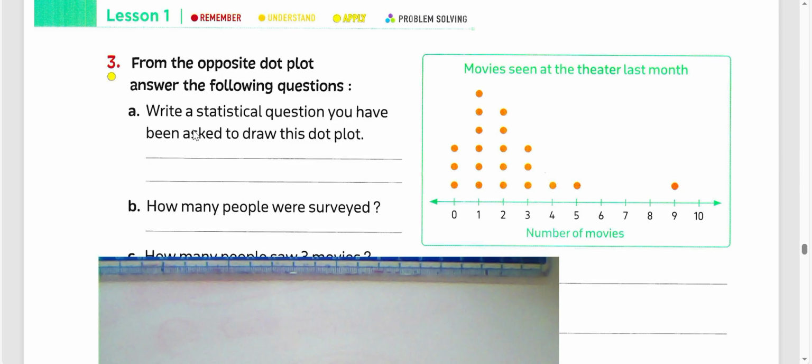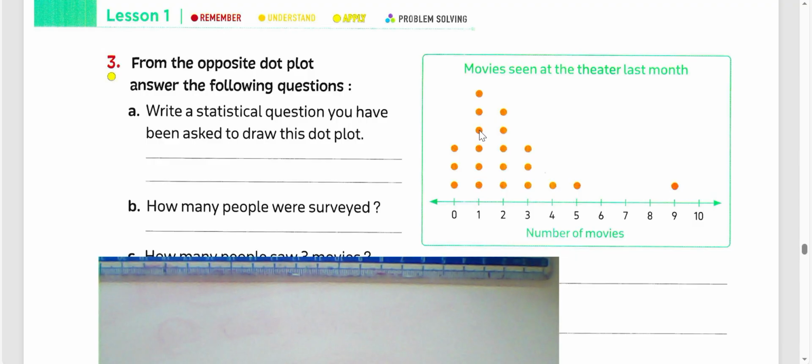Answer the following question. What statistical question have you been asked to do with this dot plot? How many students have seen a movie at the theater last month? How many students saw movies at the theater last month at number 1? We can write the answer will be 1, 2, 3, 4, 5, 6.